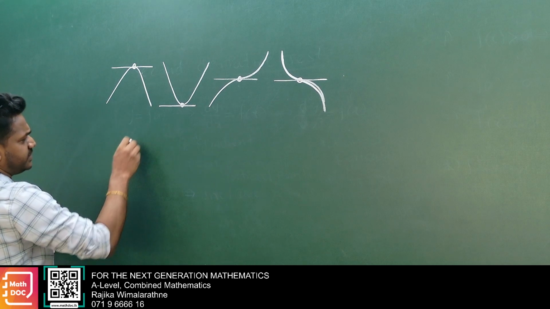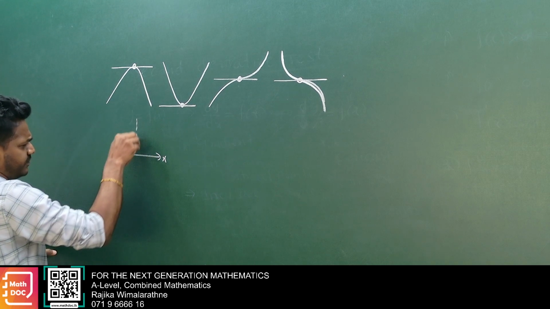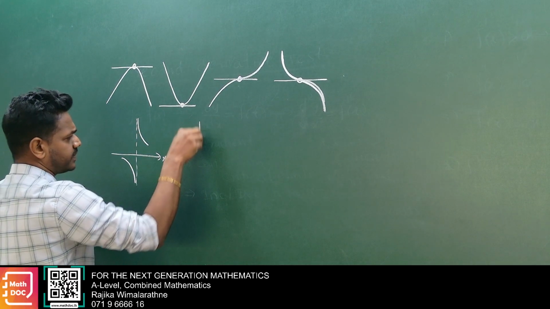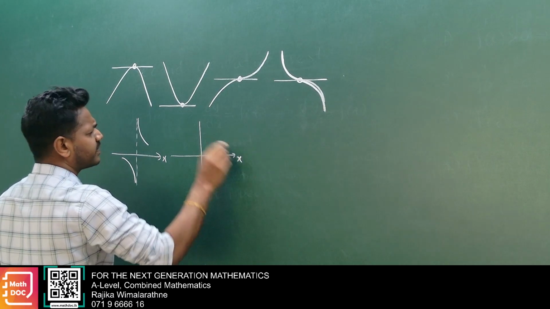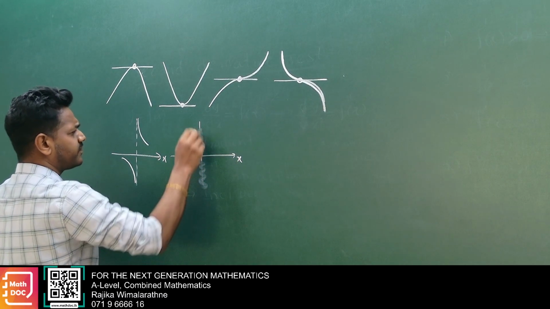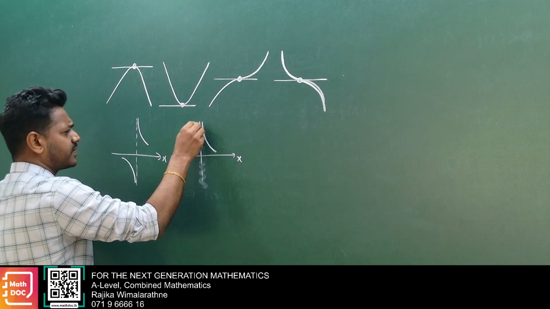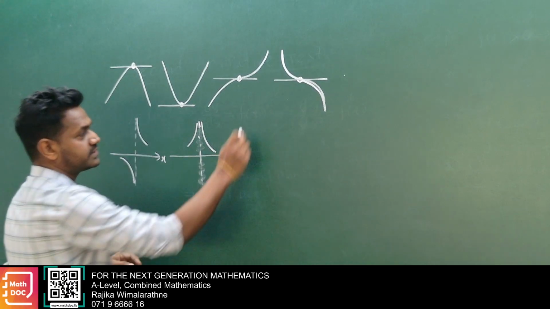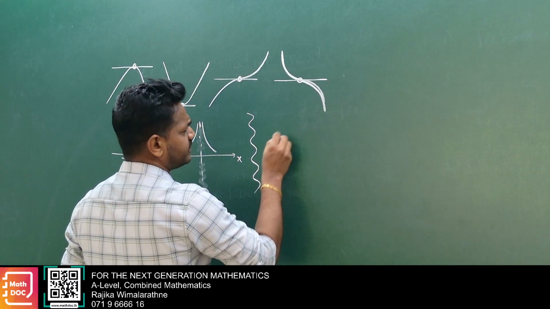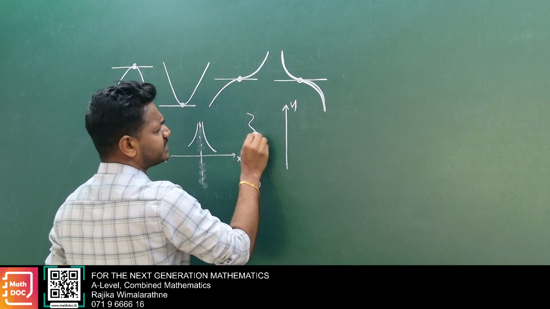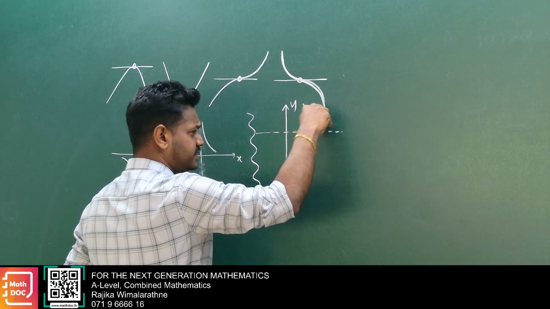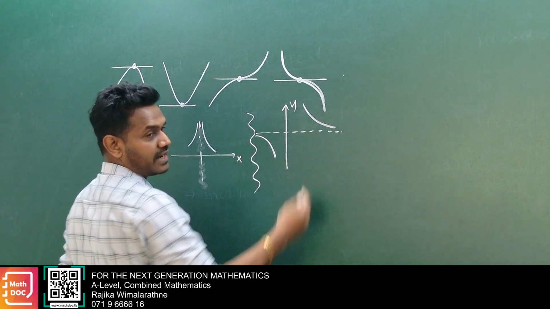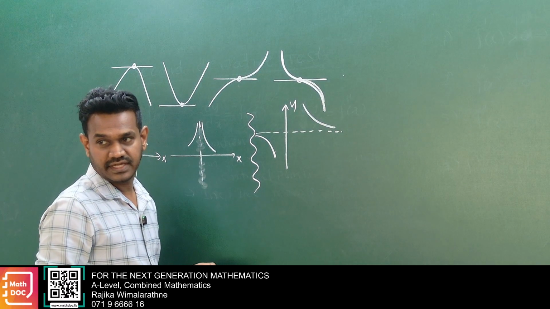So in a graph we may see this type of shapes again. These are called vertical asymptotes, no? Vertical asymptotes. Again you may see here the y-axis, and a horizontal line that is going to touch an axis parallel to x as x goes to infinity.